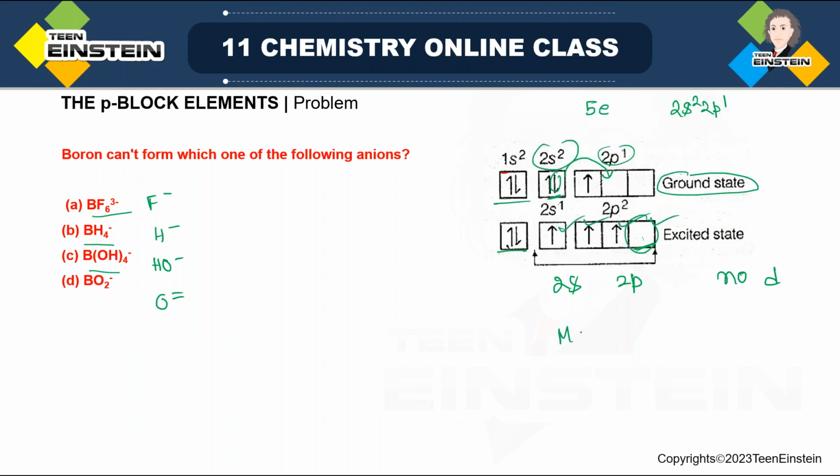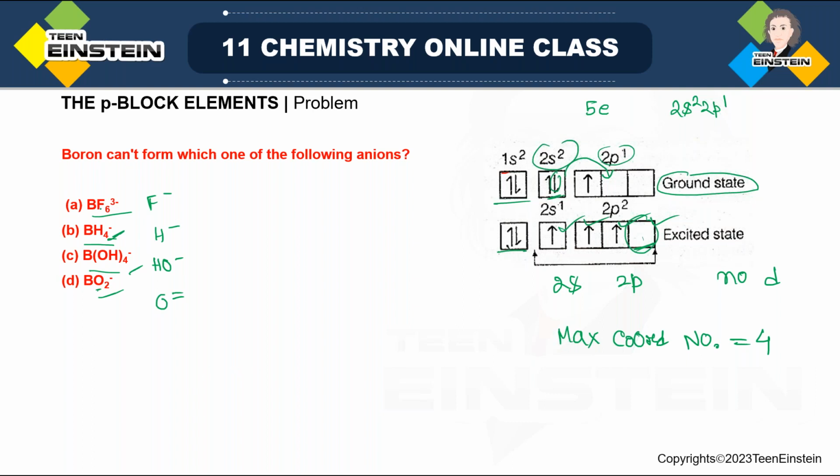So the maximum coordination number is 4. It cannot be more than that. Now if you look at the options, for these two the coordination number 4 we can easily understand. And for BO2- also, per oxygen the valency is basically 2. So 2 oxygens are basically equivalent to 4 coordination.